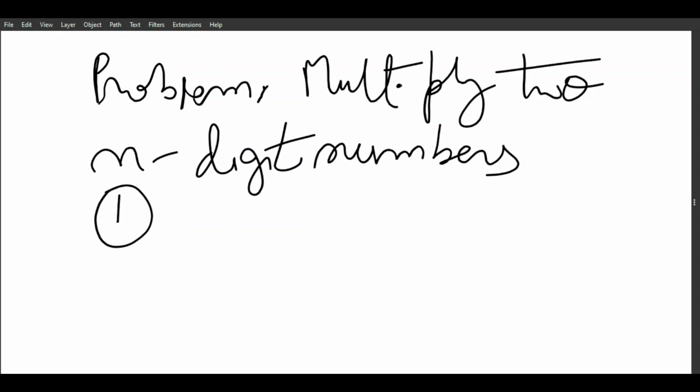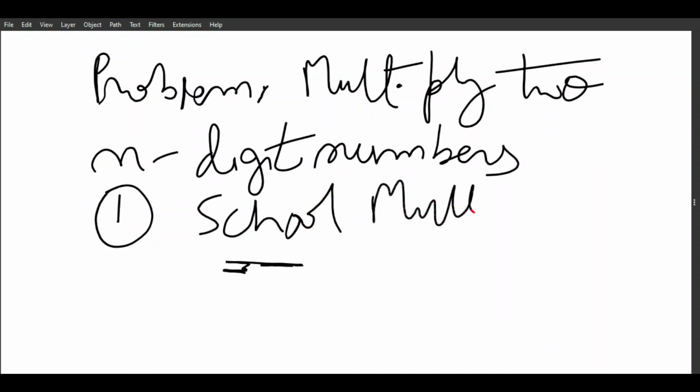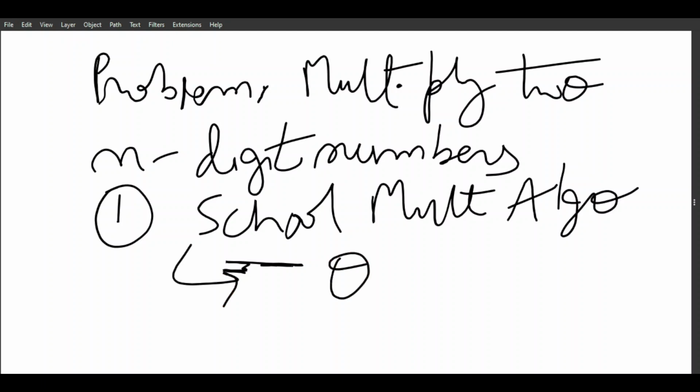We call it the school multiplication algorithm. So you know how to multiply. And we'll prove that the complexity is big theta of n square for multiplying two n-digit numbers. So this is the first algorithm we'll study.